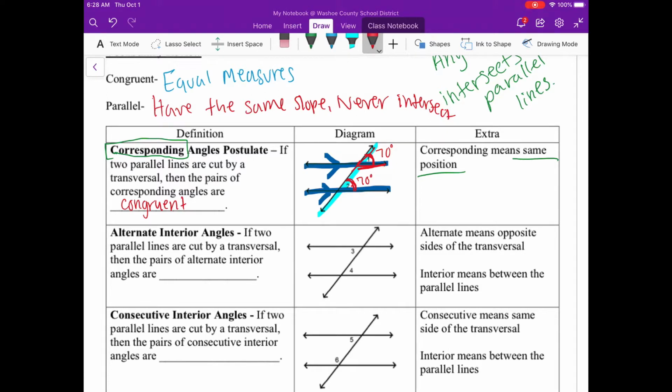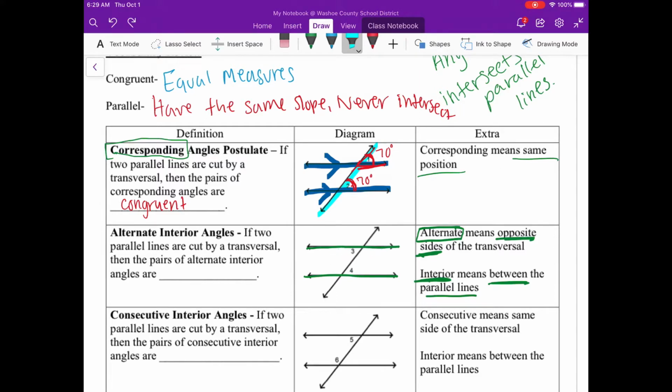Then we have alternate interior angles. So breaking down these words, anytime you see the word alternate, that's going to mean on the opposite side of the transversal. Alternate, opposite sides, okay? Interior means inside or between the parallel lines. So here are my parallel lines, and interior would be anything between them.